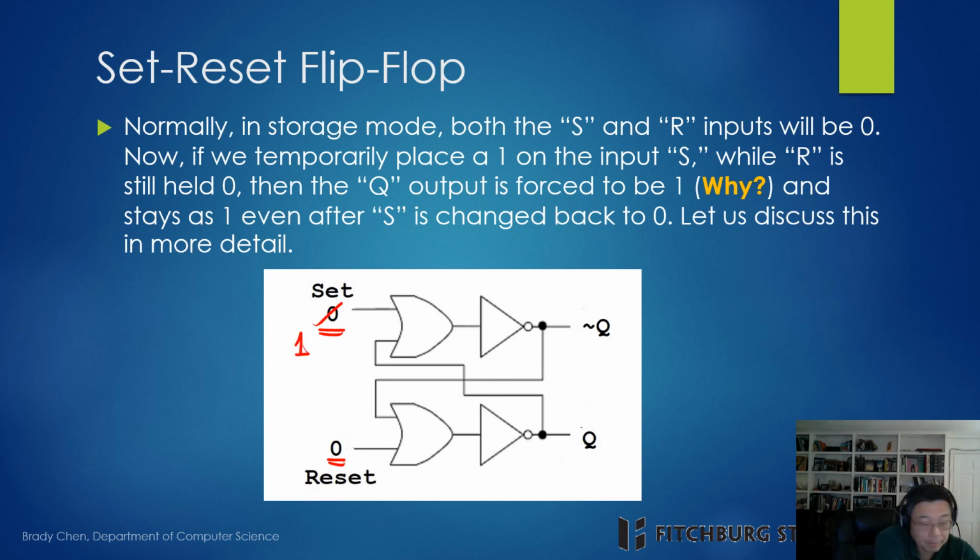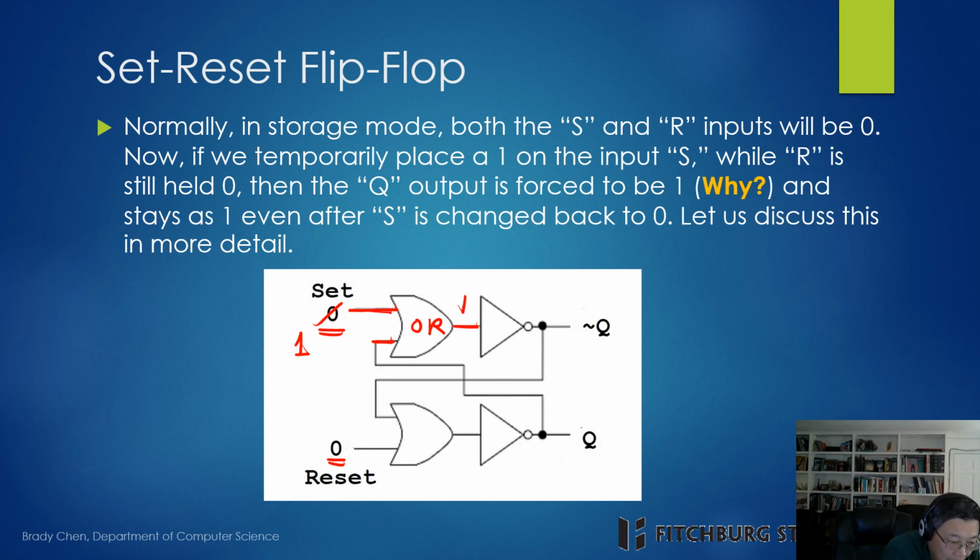What do you think? That means one of the inputs of this OR gate is 1. So the output should be 1, right? Because it doesn't matter what the value of the other input is, since one of the inputs is 1, the output should be 1.